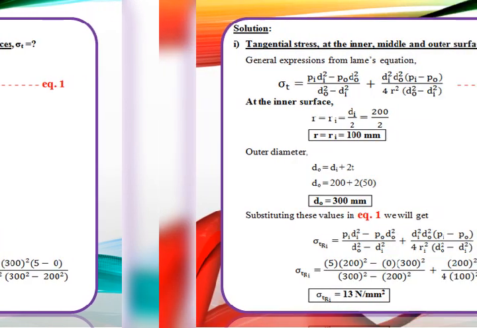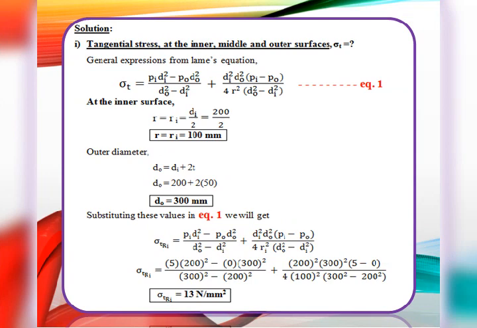Now with the subheading at the inner surface, radius R is Ri, that is equal to di by 2. In the problem the inner diameter is given as 200 mm, divided by 2. By simplifying that, we get radius R equal to Ri, because at the inner surface we are evaluating, that is equal to 100 mm.